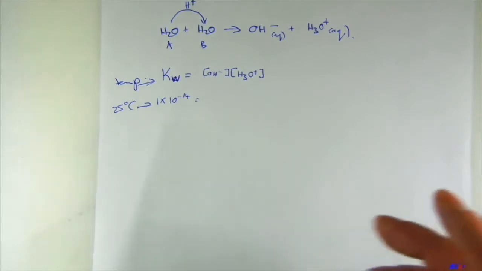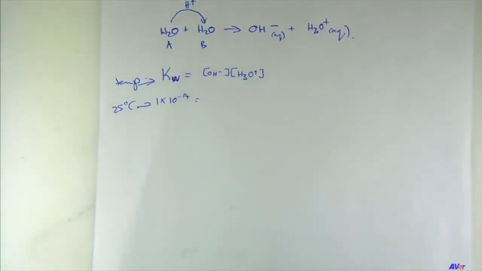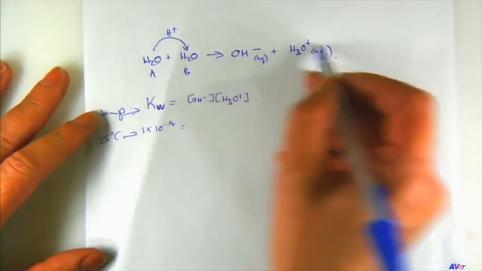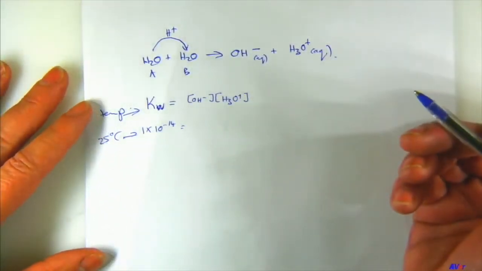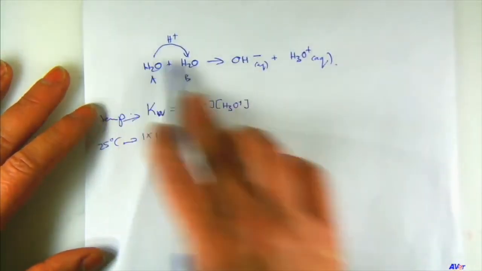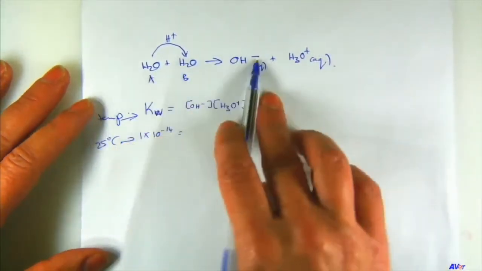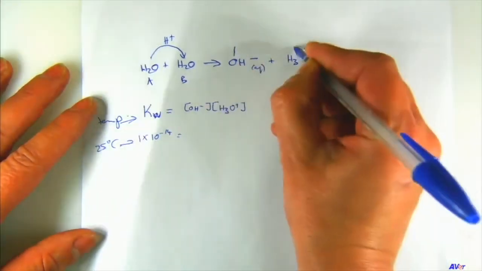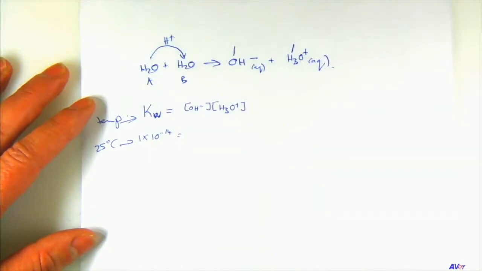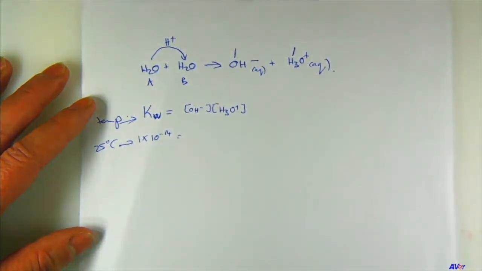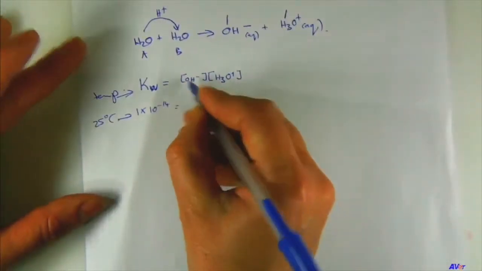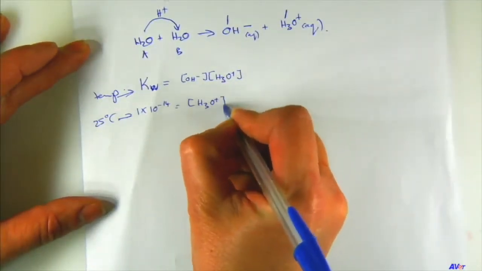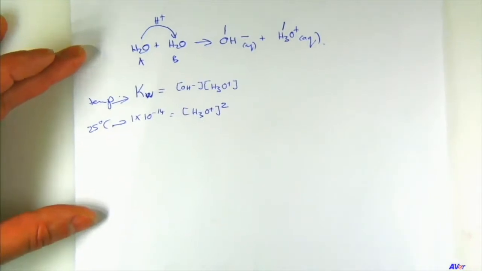Now if I have pure water, how does the OH minus and the H3O plus concentration compare? Come on, it's pure water. No one else put OH minus or H3O plus in there. Then there will be 1 OH minus for every 1 H3O plus. Everyone happy? Okay. This means those two are exactly the same, and I can say that's H3O plus squared, because they're both the same.